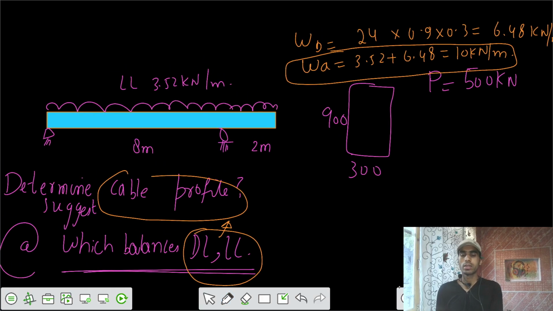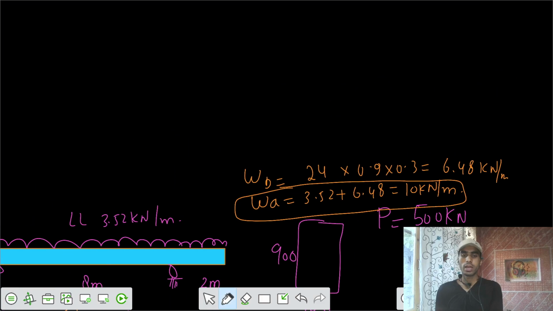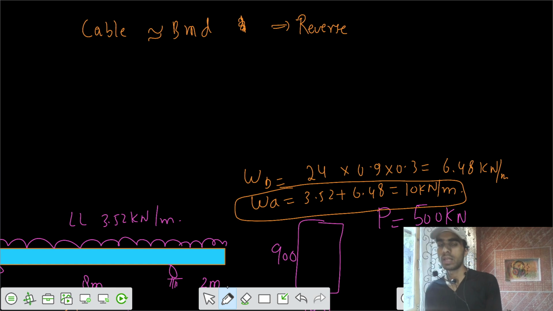How can you solve this? We have already told you that the cable profile is similar to that of the BMD of the beam. Once we get the BMD, we place a profile similar to it but in the opposite, reverse manner.